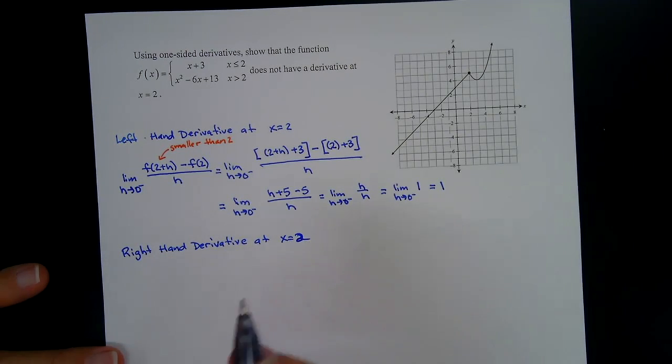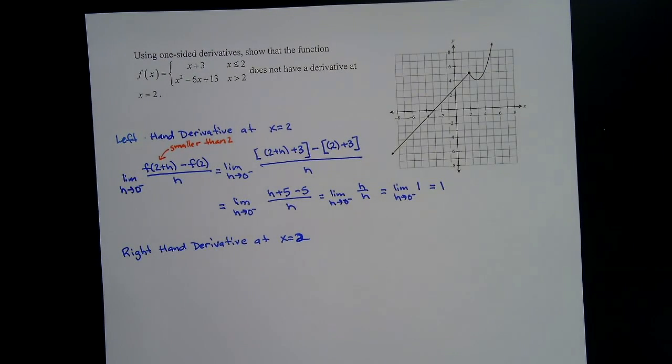Again, please listen to this because it happens all the time on the test, and a lot of students do it, and you get a 0 on this problem because you're telling me you don't understand the language of this. Do not, on these left hand and right hand derivatives, write f prime of 2. Don't write it, because that means the derivative exists at 2, and we're actually showing that it doesn't.